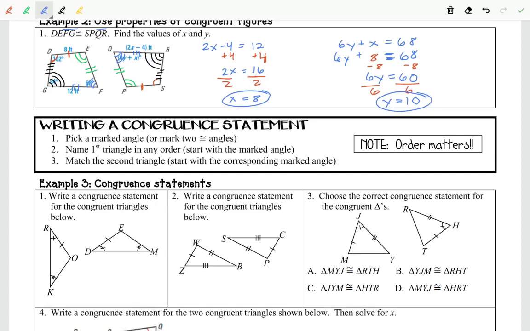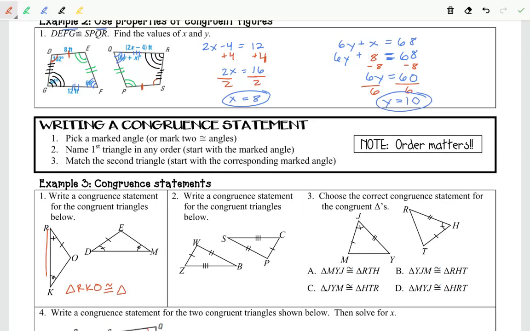On the first one, we have angle R with 1 tick mark, angle K with 2 tick marks, and angle O with no tick marks. So we can name this triangle RKO. If we name it triangle RKO, then the second triangle we have to go in the same order.